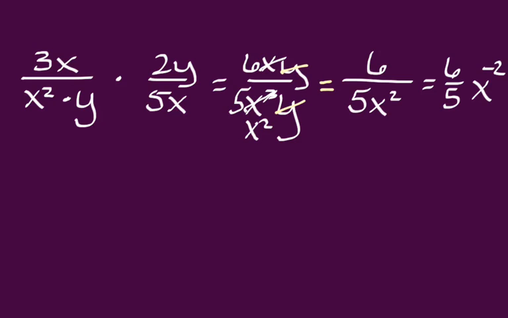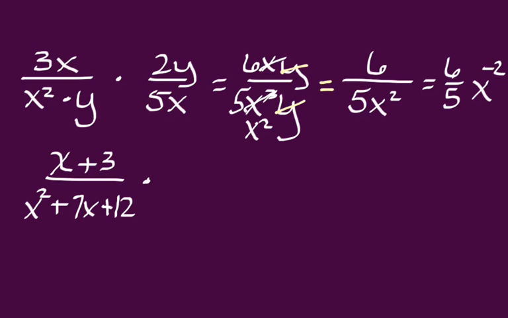So let's take a look at one that's maybe just a little bit more sophisticated, such as x plus 3 over x squared plus 7x plus 12 times x squared minus 4 over x plus 5.